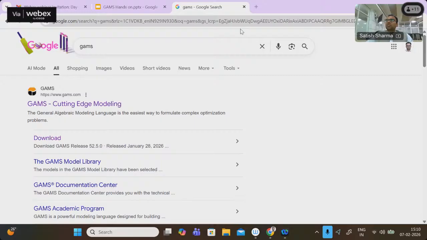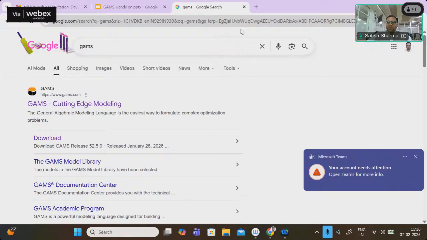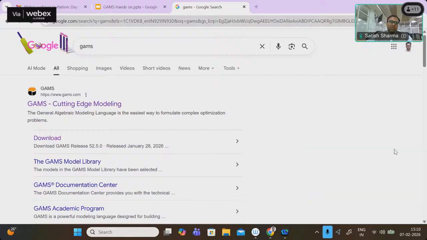So we were discussing what will be the different structure of the GAMS program, but for your hands-on purpose, you can download GAMS.